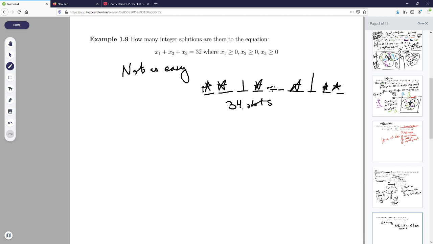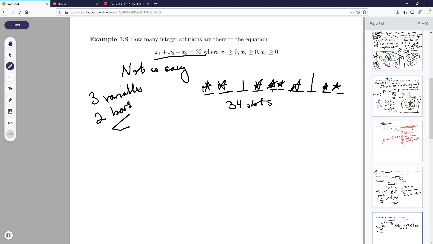It's actually easier to draw this type of star. Okay. And so the question is, why is the number of ways to place the 2 bars amongst 34 slots the same as the number of integer solutions to this equation? And the answer is, well, there are 3 variables. So we make 2 bars.